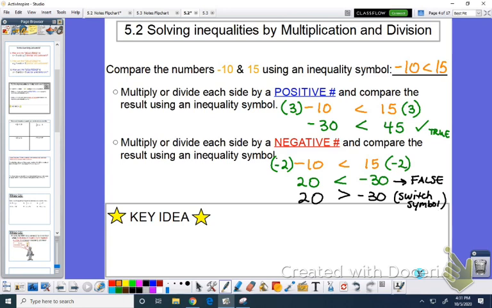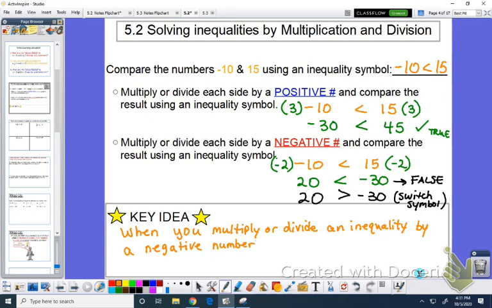And we're going to write that out. We're going to say, when you multiply or divide an inequality by a negative number, comma, you must switch the direction of the inequality symbol.